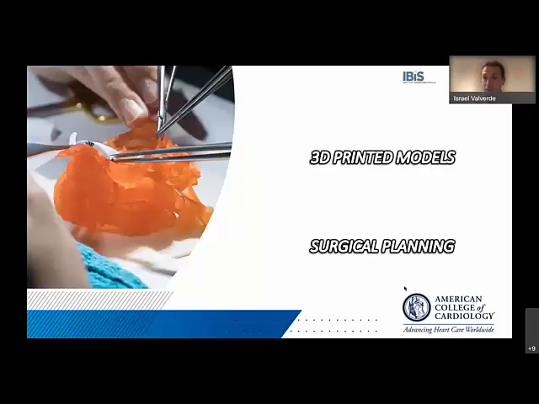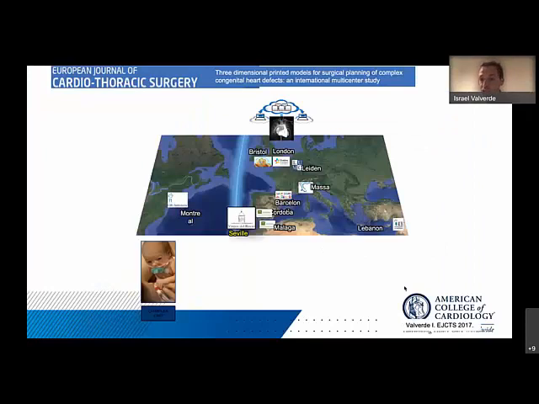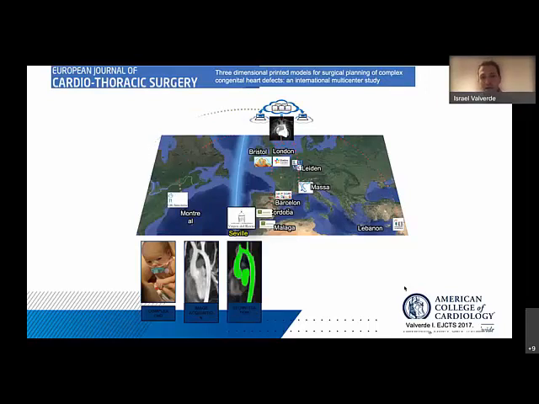But we have also used 3D printed models for surgical planning. This is one of the largest studies that we have done, which involved over 20 centers all around the world, where when a center had a complex case of congenital heart disease, they uploaded the images to our dedicated server.